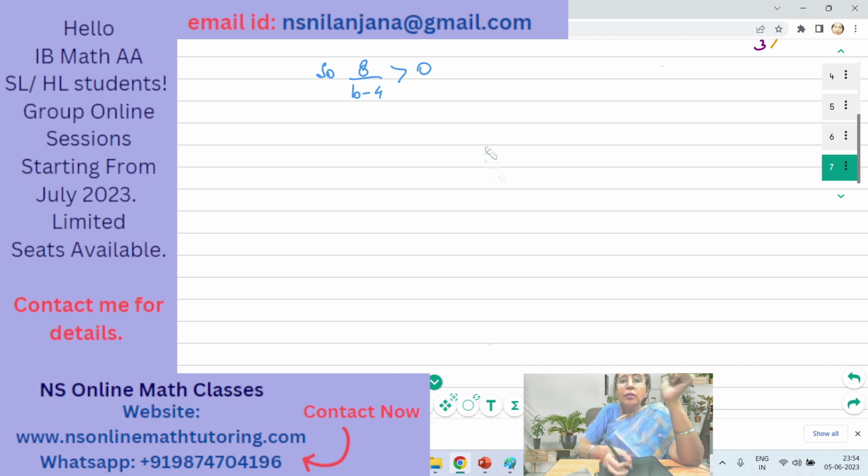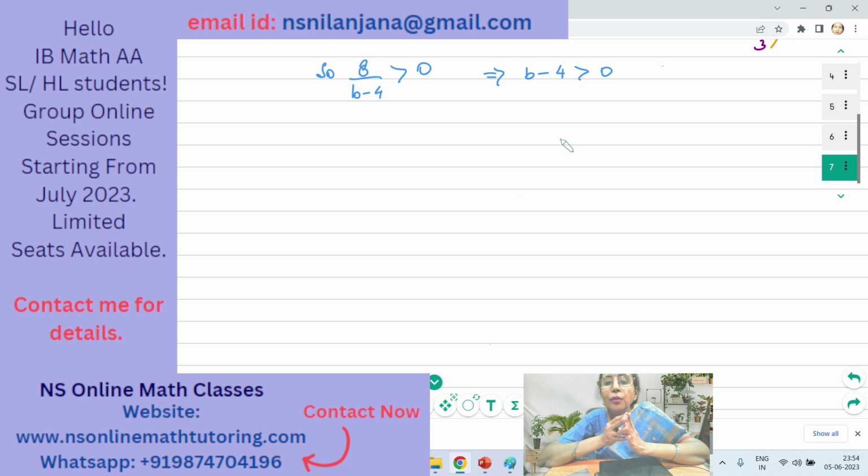Therefore, this implies B minus 4 is greater than 0. That means B is more than 4. Let us take B to be an integer. So let us take B as 5 and see what happens. If B is 5, 5 minus 4, 1 is greater than 0. Okay.